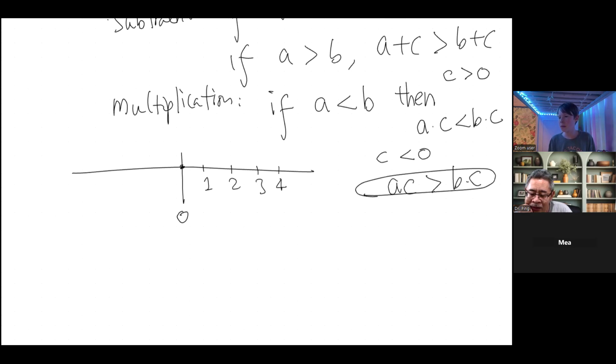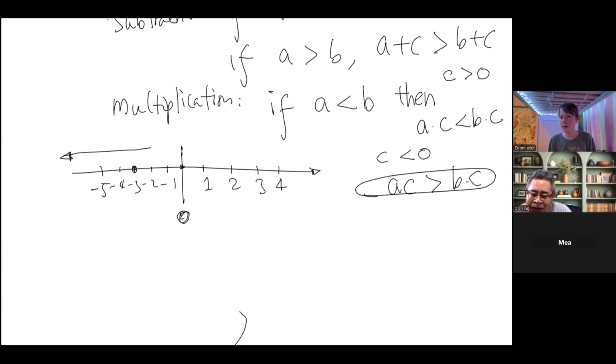And this is negative 1, negative 2, negative 3, negative 4, negative 5. Since we have to be on the same number line, we have a rule here: anything on the left has to be less than anything on the right.